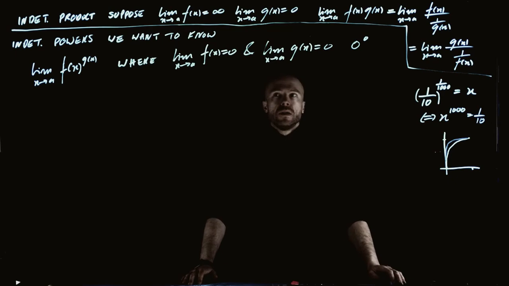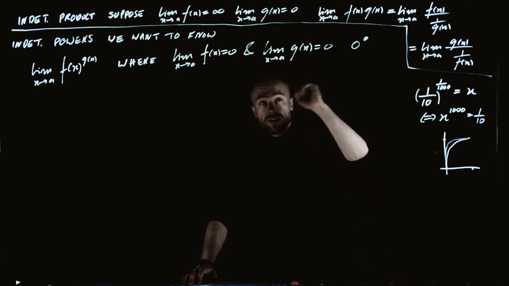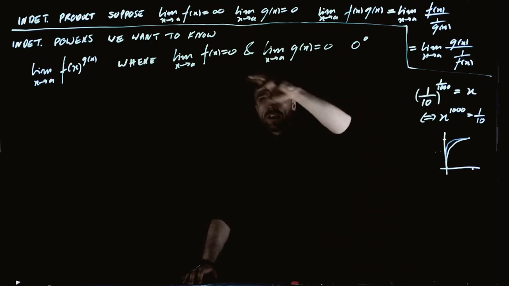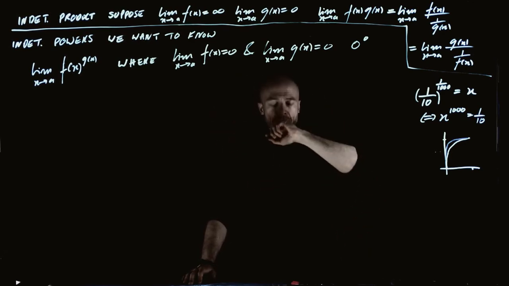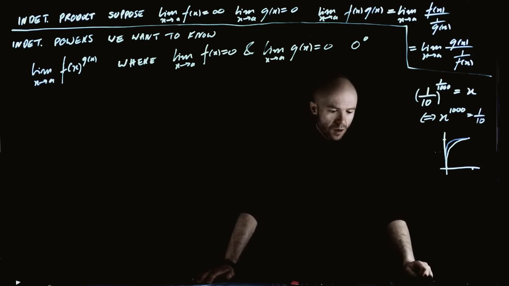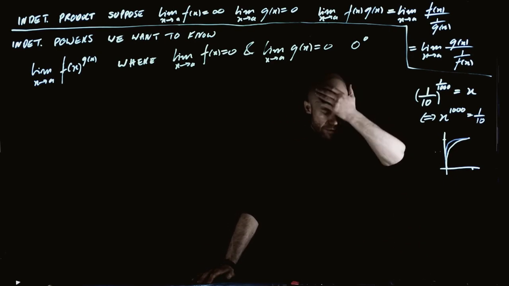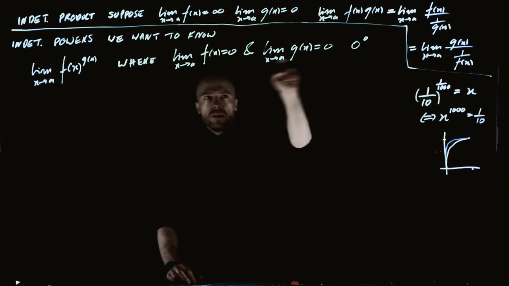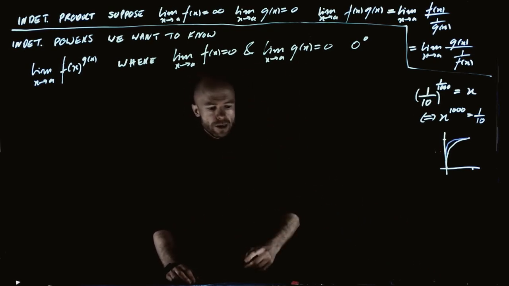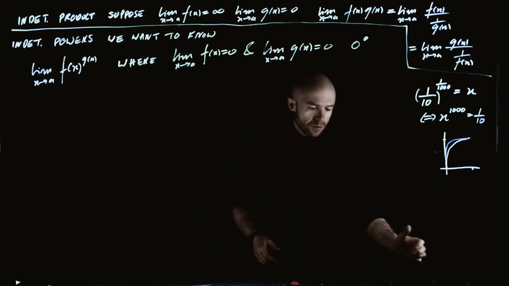So if in this battle we have that f is tending more slowly to 0 than g is, then we expect this thing to be something like 1. Conversely, if f is going much faster to 0 than g, if we have 1 over a million, and we take the 10th root of that, that's still a pretty small number, right? So this thing is really unclear from the situation. It's a battle between these relative speeds that these guys go to the limit. It's in the territory of L'Hopital's rule, right?